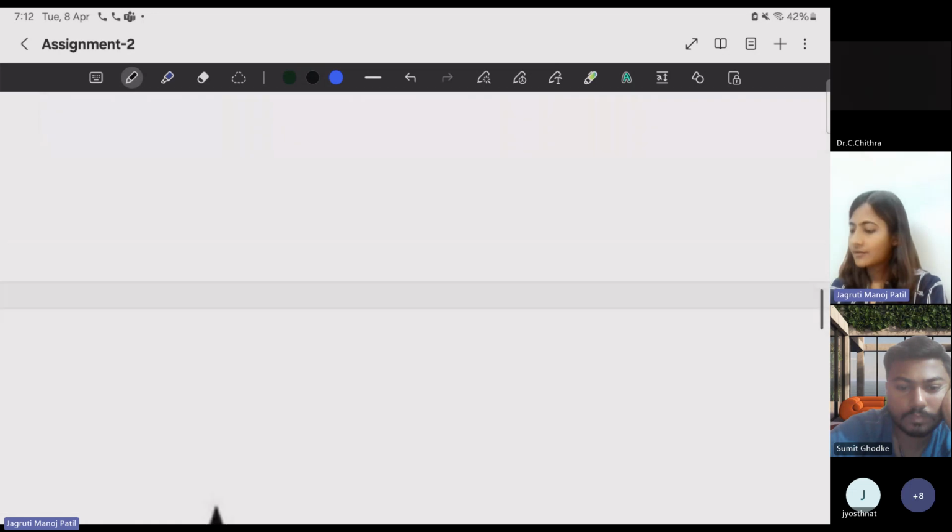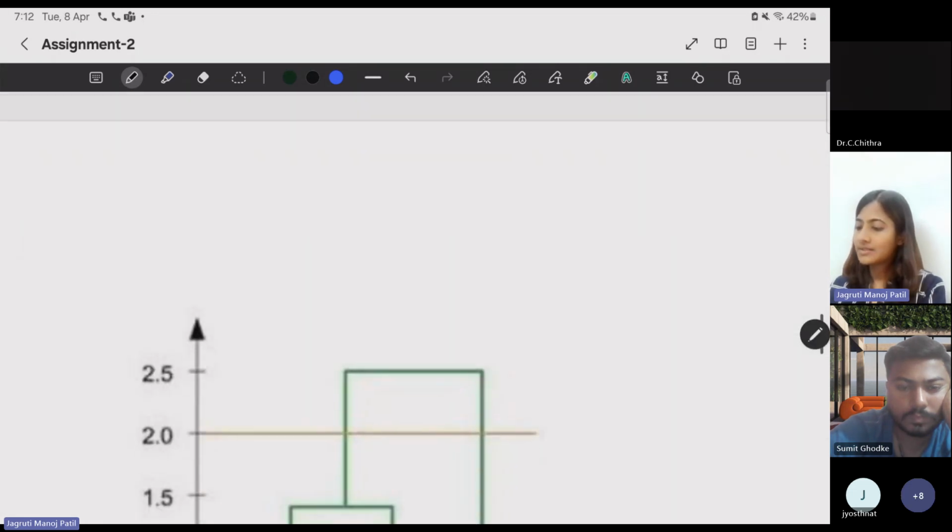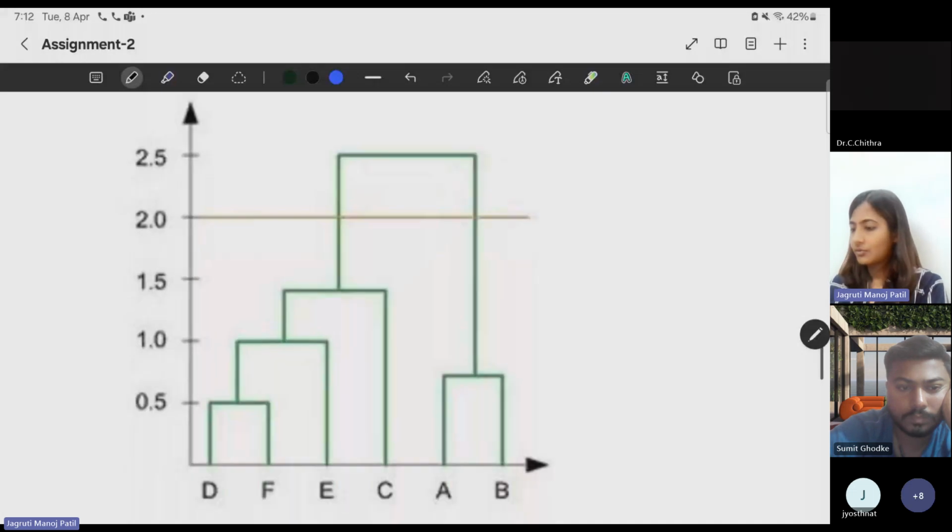So let's say I have a curve, something like here that I'll show. And if I draw a line at y equals 2, how many clusters are being formed here? If I draw a line over here, how many different groups can I differentiate my data into? If I make a line like this, I have something over here and something over here.